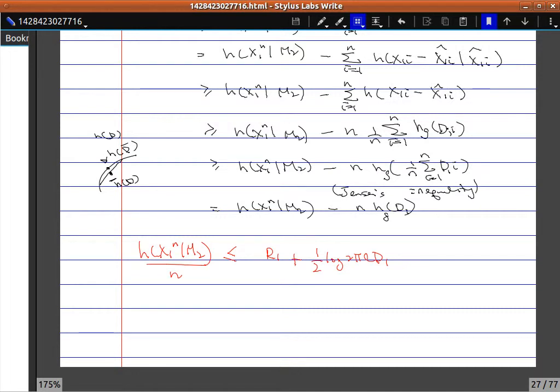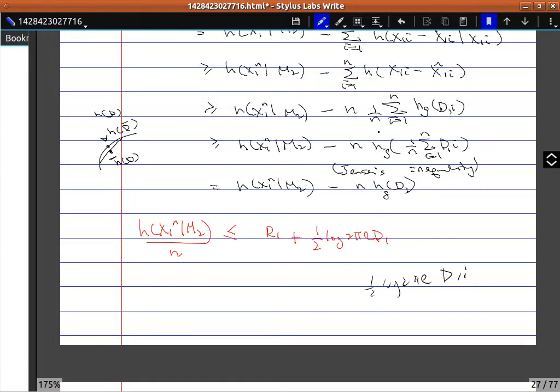Let's say the distortion is denoted by d1i, and hG here is the entropy function, so this is 1/2 log 2 pi e d1i. Because the Gaussian distribution has the largest entropy for the same variance, this one will be greater than or equal to this one. So because I have a minus, I have this bigger than this.